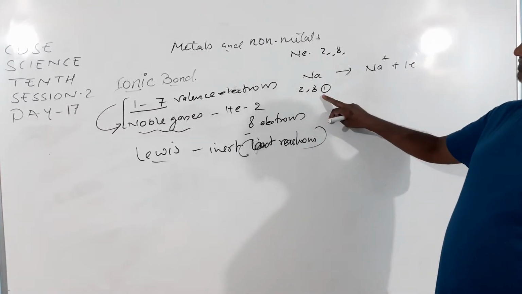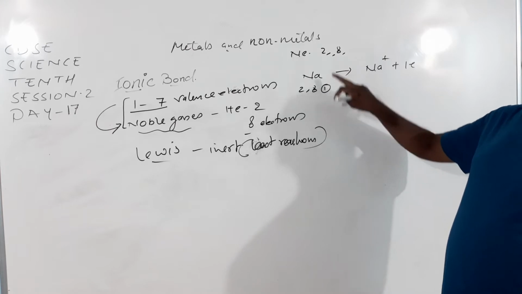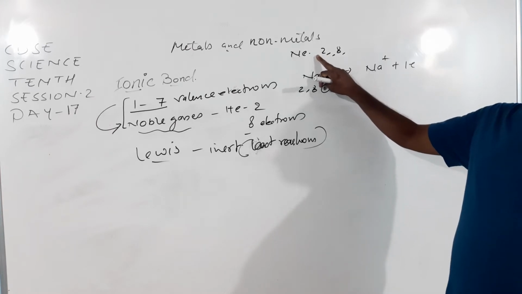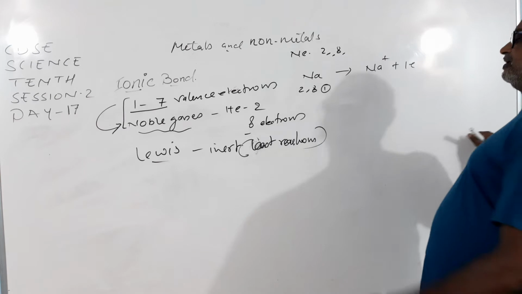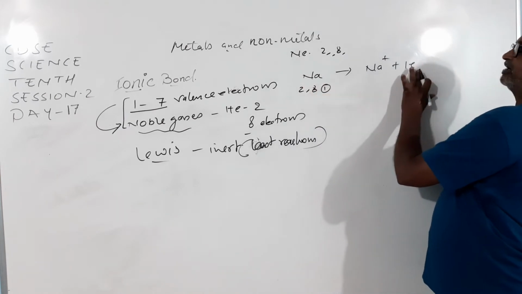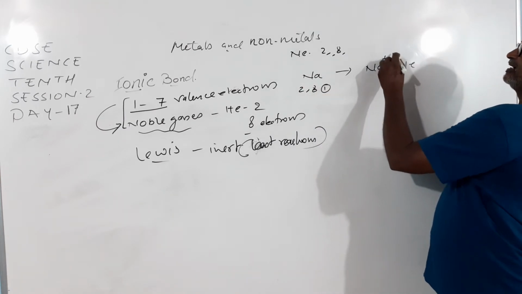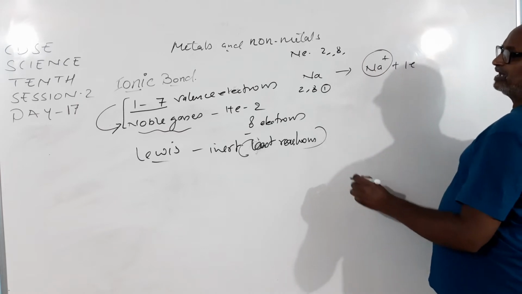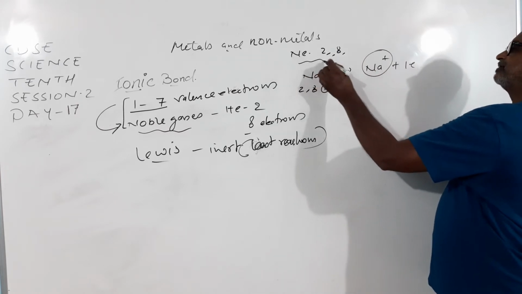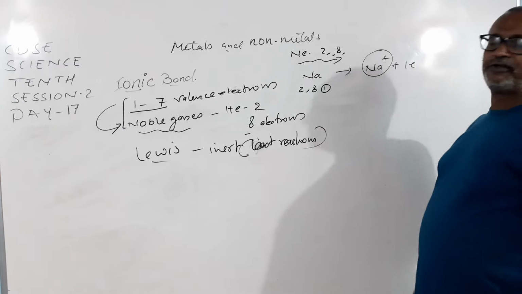Now this sodium atom has 1 electron in excess as compared to the electronic configuration of neon. Therefore, if it loses 1 electron, its atom becomes stable and it acquires the stable configuration of neon.